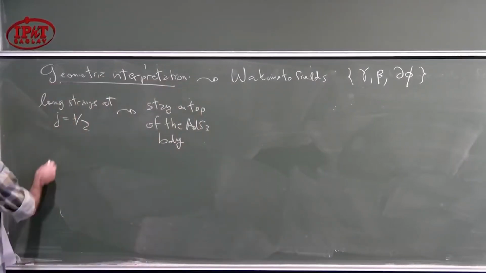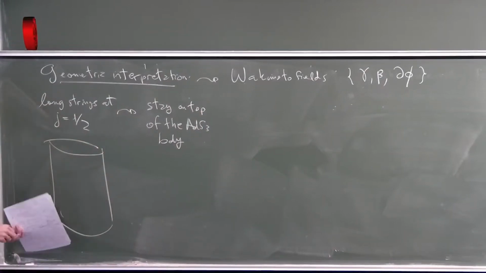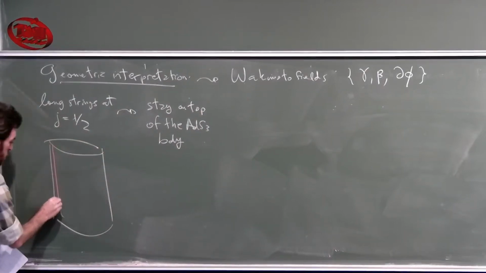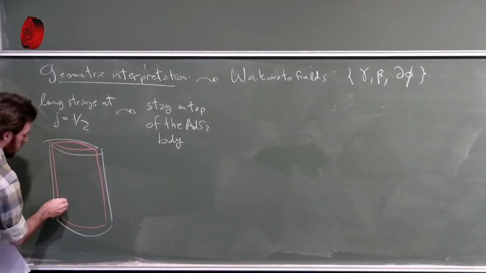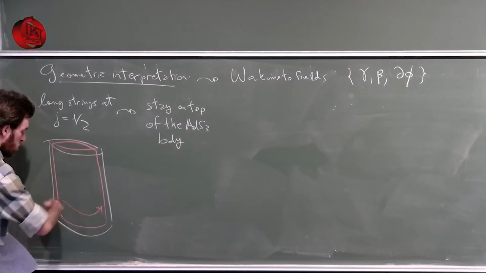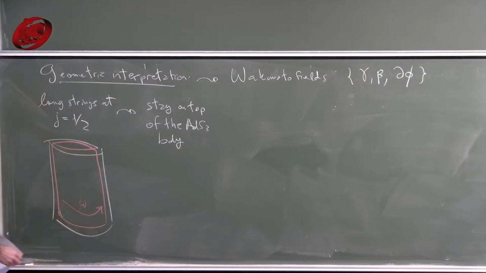For example, in the Lorentzian picture, we had some strings that were like this. We had some very easy solutions, which were just cylinder-like, where the worldsheet goes around the boundary circle omega times.